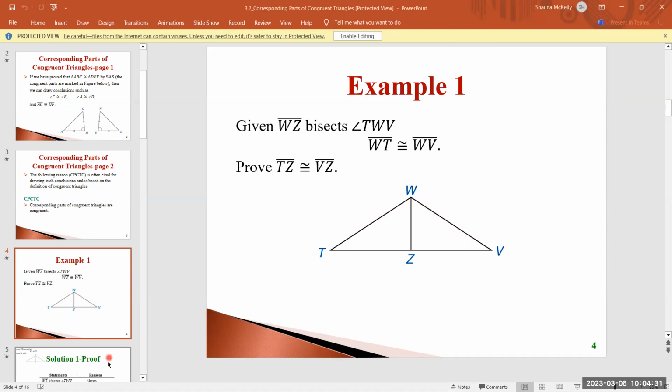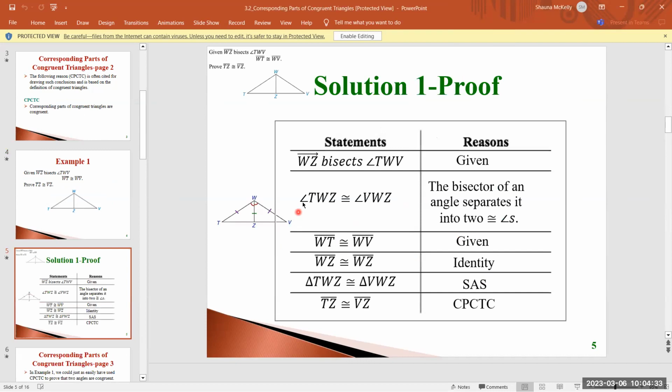So she says, well, WZ bisects angle TWV, they gave us that. And then angle TWZ is congruent to angle VWZ. That's talking about these angles that I marked for you up top. The bisector of an angle separates it into two congruent angles. This is the definition of an angle bisector.